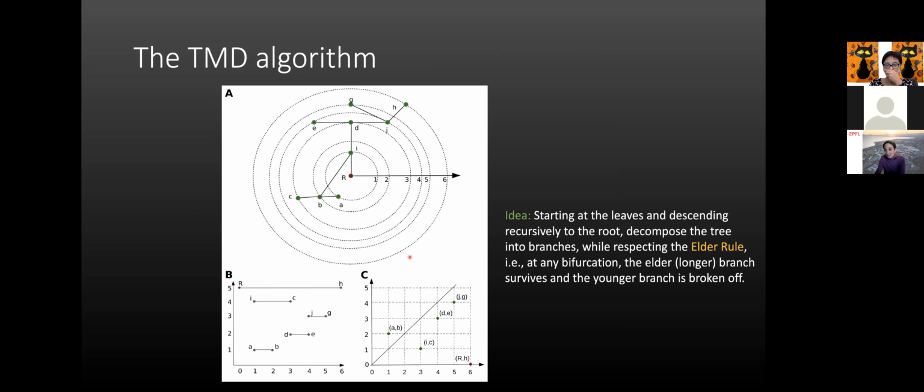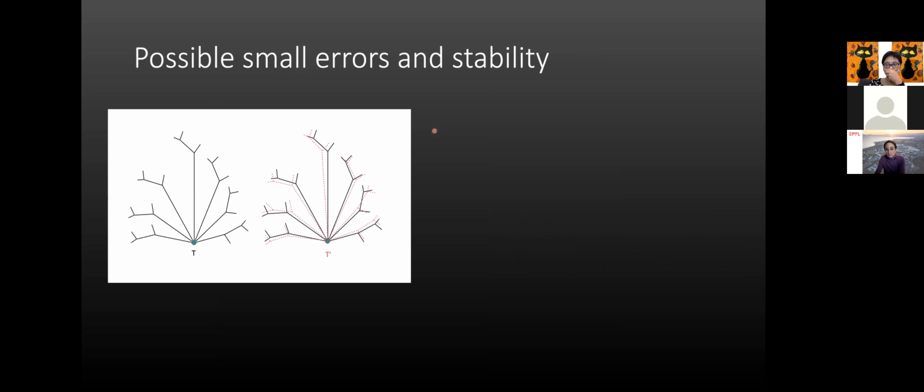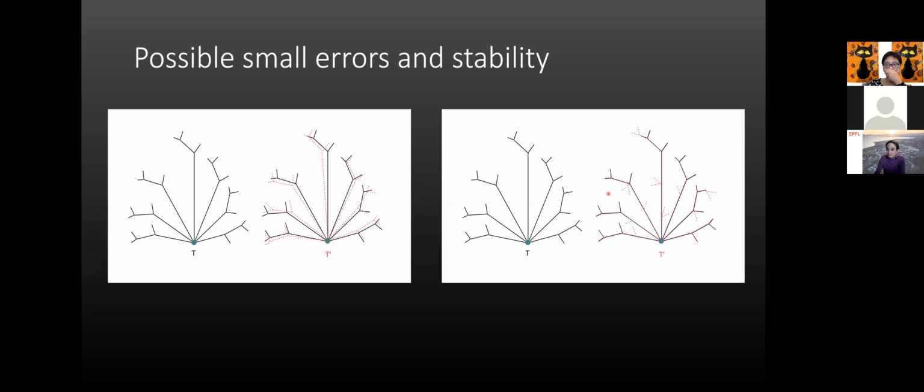Now, when you do something like this, you would like the resulting barcode or persistence diagram to not be too sensitive to errors that might have been made in recording the actual distances or in recording the fine branching structure. For example, you could have made small errors of measurement here and here, or your measurements are more or less correct, but maybe you'd forgotten some of the very small branches.